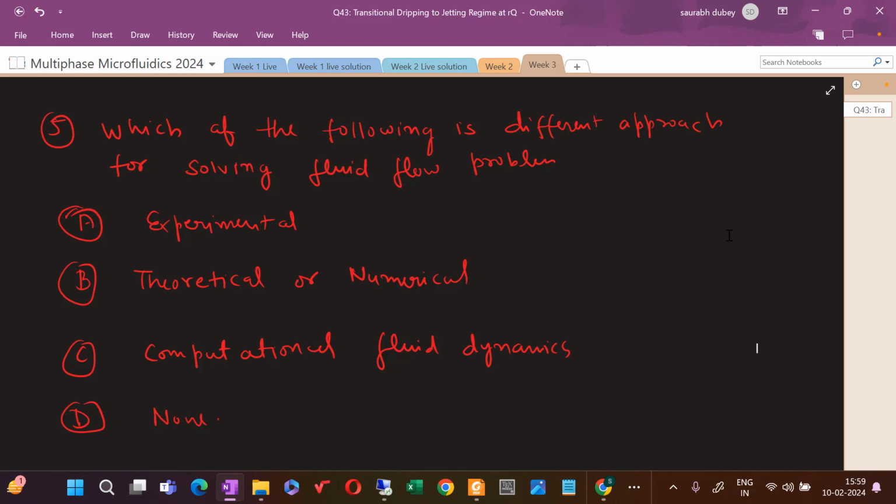You can solve it experimentally, analytically or theoretically, or numerically, and computational fluid dynamics is another aspect. So which of the following are different approaches?